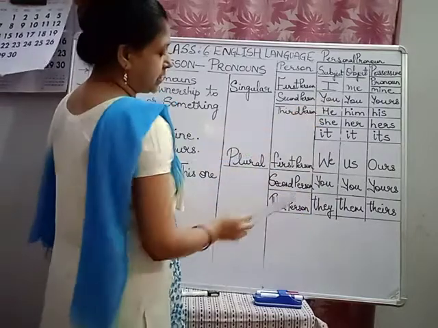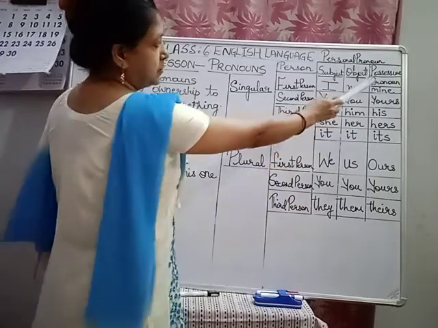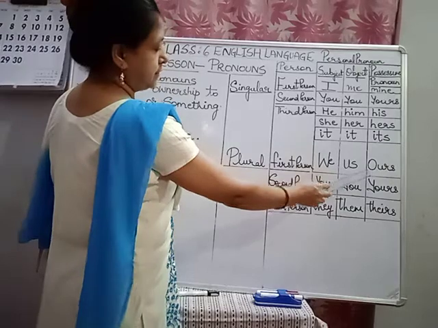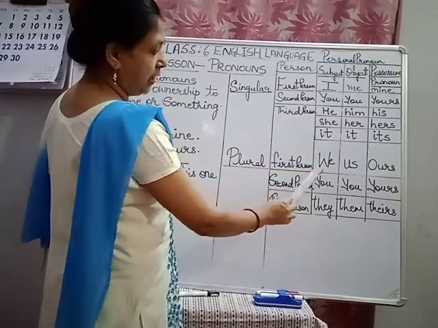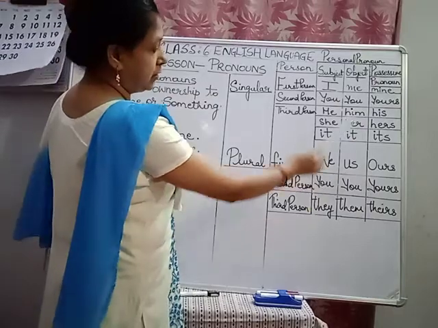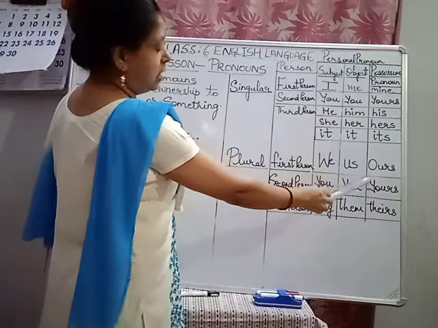Plural object in the third person: them. Plural in the possessive pronoun is ours. First person plural, subject we, object us, and in the possessive it is ours.